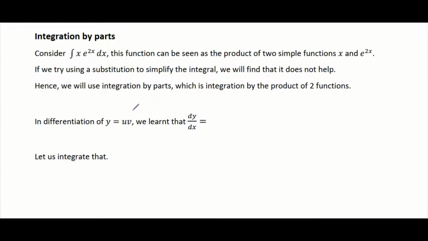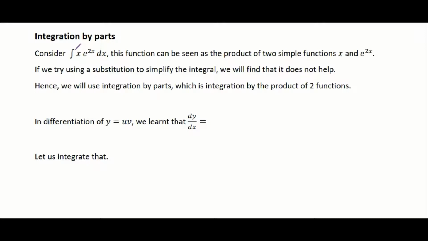Previously, we learned how to do integration by using substitution. But in this case, you can imagine that substitution wouldn't help. Maybe you want to try it out with u equals x, or u equals 2x, or u equals e^2x. You can realize that no matter how you change it, when you do u equals e^2x and substitute for x, you have a ln coming out as well, and you can't integrate a ln.